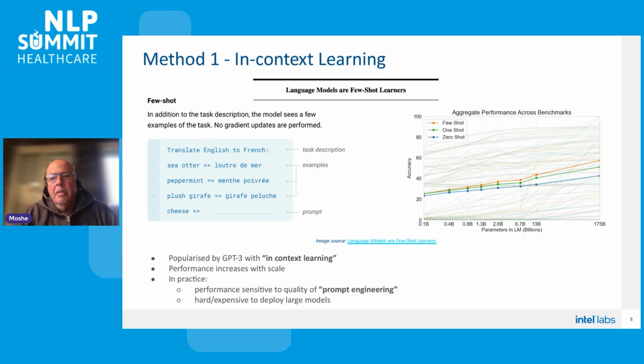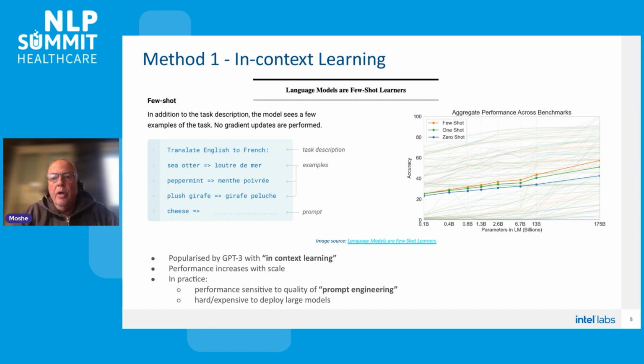Few-shot learning has been around for several years, but it was the release of GPT-3 by OpenAI that really made few-shot learning popular. The title of the GPT-3 paper was Language Models Are Few-Shot Learners. In GPT-3, the input to the model is a description of the task in natural language, followed by some examples that demonstrate what the task looks like.